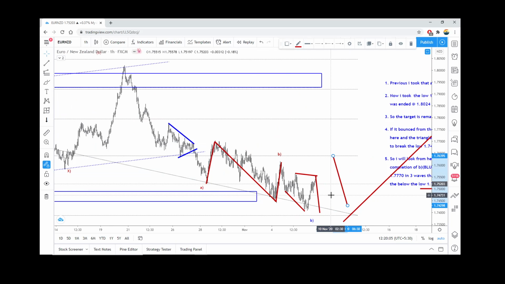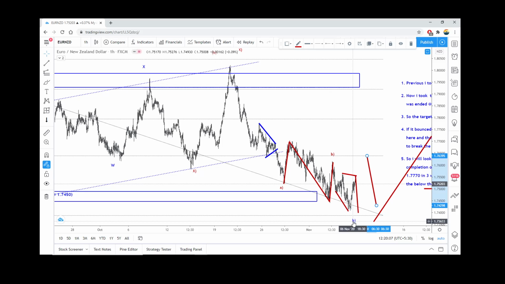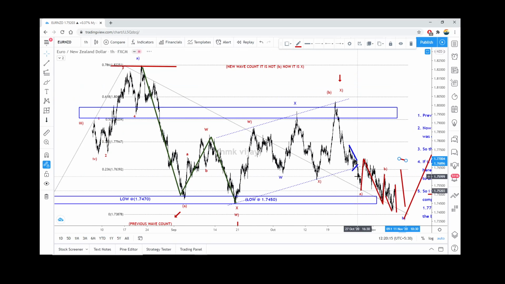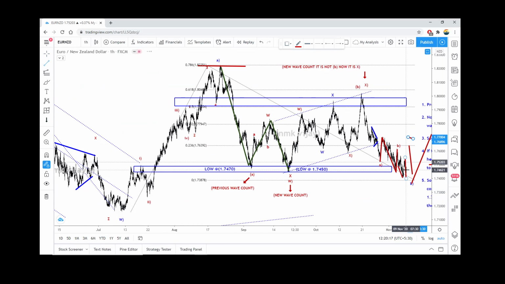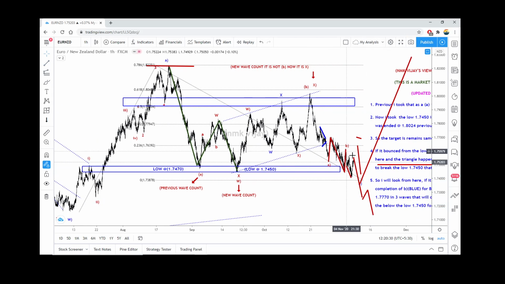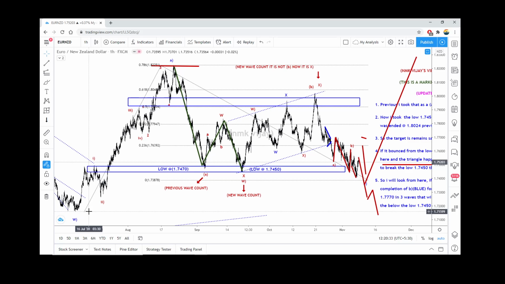And again, if we entered here, whether this A, B and C is very small, meaning 1, this could be a 2, and 3 can be very big from here, and 4 and 5. So in that case, if it breaks this low, that could be an irregular flat A, B and C.